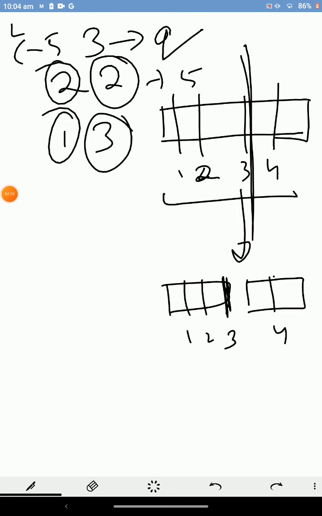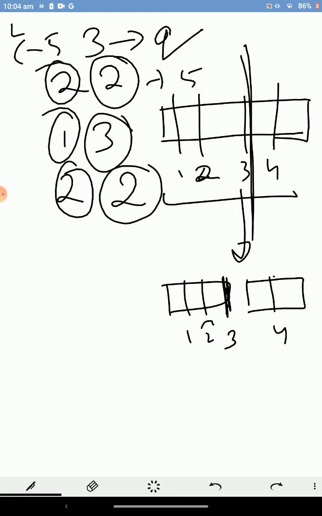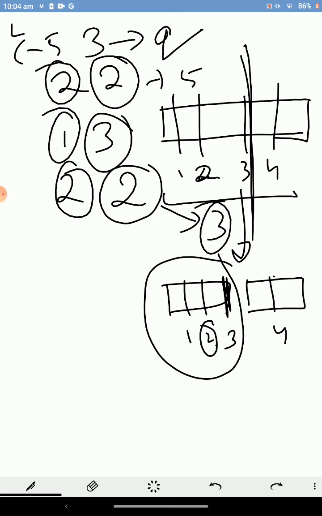The next query is of type 2 and we have to return the length of the wood which has 2 marked on it. So 2 is marked on the first piece of wood and it is of length 3, so our answer in this case would be 3. I hope you have got the intuition of what the problem is.